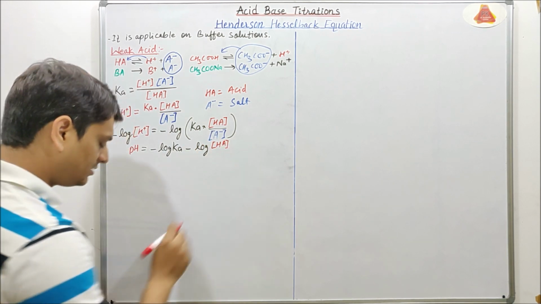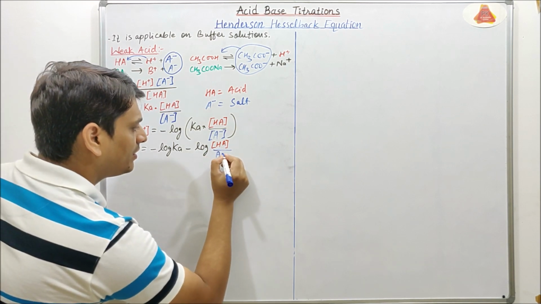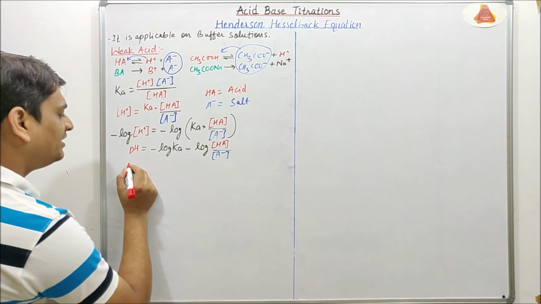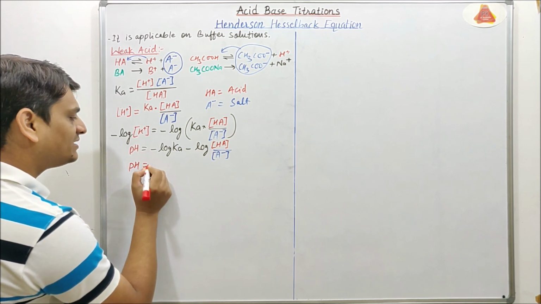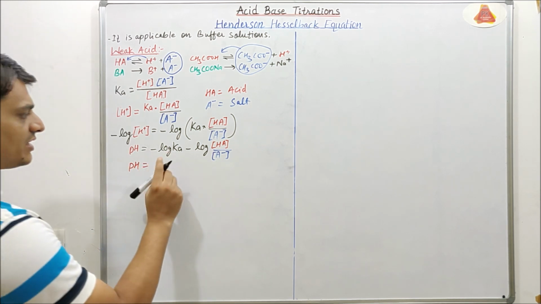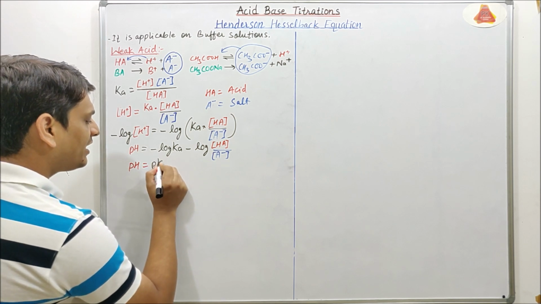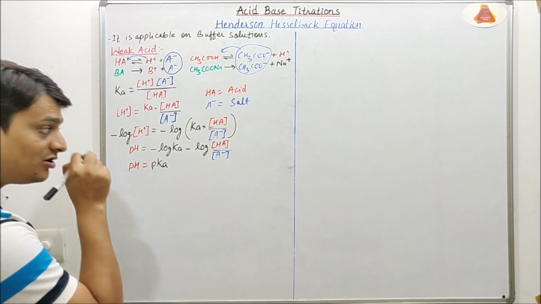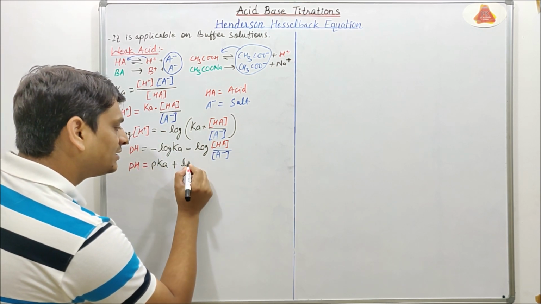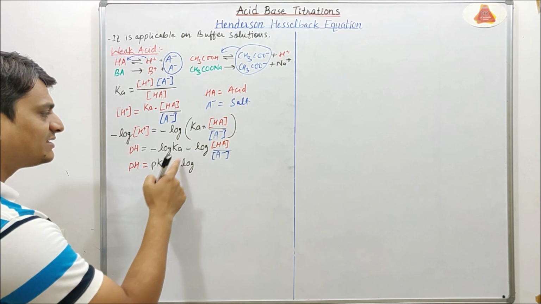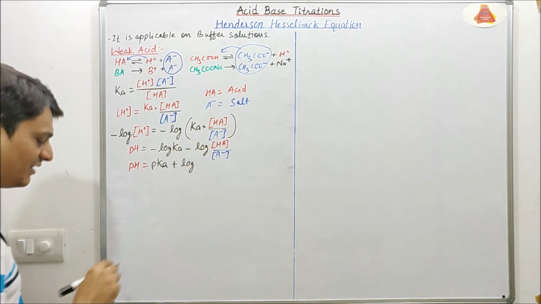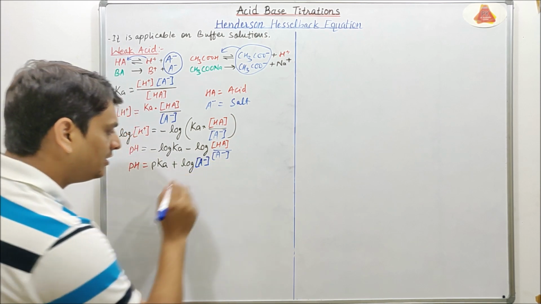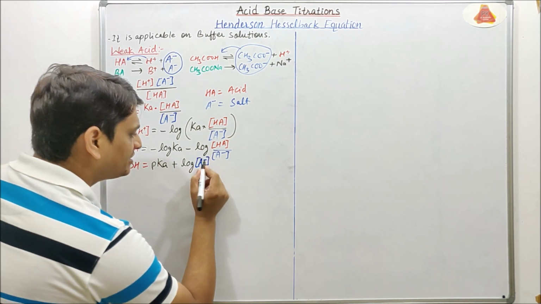In the next step, pH is equal to minus log Ka, which is pKa, then minus log HA divided by A minus can also be written as plus log, reversing it, so it will be A minus divided by HA.